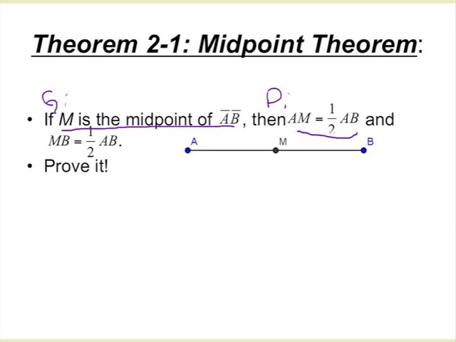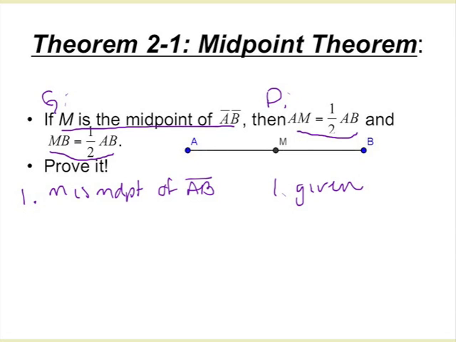So we're trying to prove AM is half of AB and MB is half of AB. We said yesterday a good way to begin a proof is with the given. So we're going to start by saying M is the midpoint of AB. And that's our given.